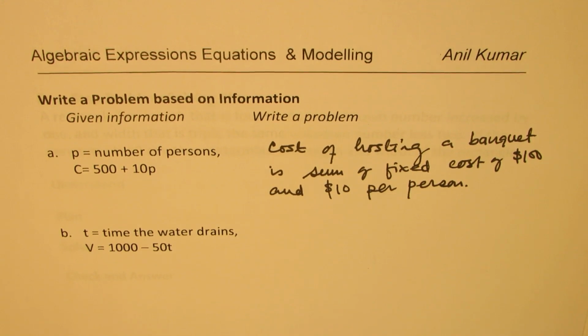Right? The second equation here is T equals time the water drains, and here V equals 1000 minus 50T. So we could actually write this as assuming that initially there were 1000 liters of water and T is the time and the rate at which the water is draining is 50 liters per minute, right? So that is how we could actually create a problem.